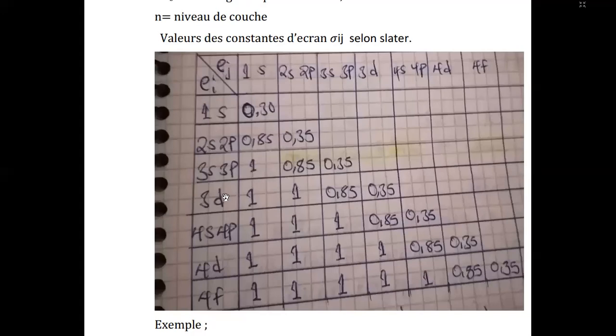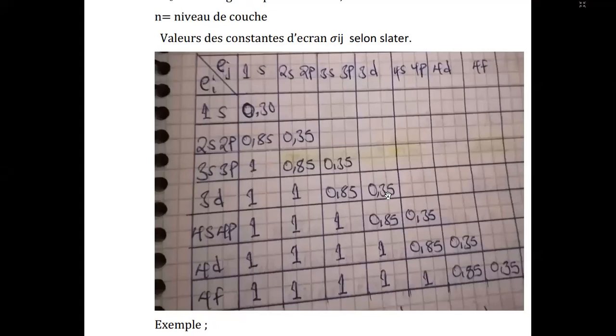Then I continue. If I have 1s, 2s, 2p, 3s, 3p, and 3d, I'll have 1 on 1s, 2s, 2p, 0.85 on 3s, 3p, and 0.35 on 3d.